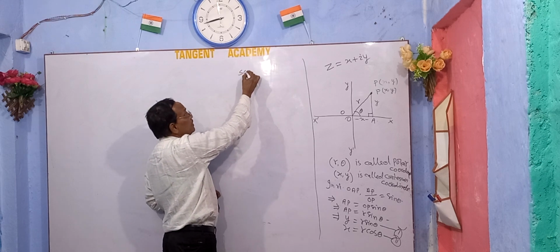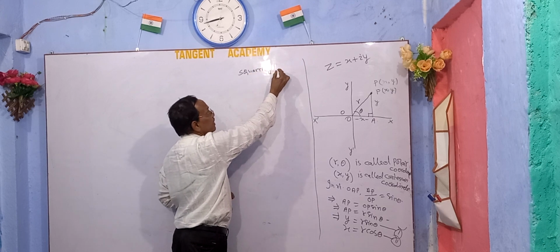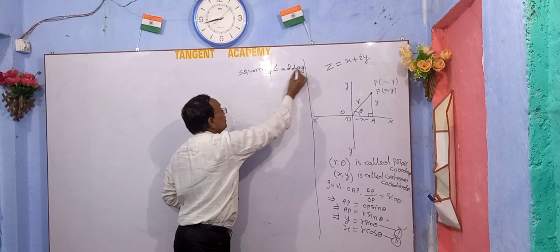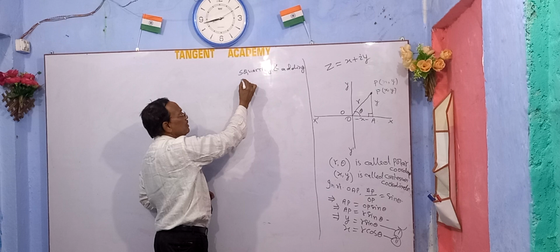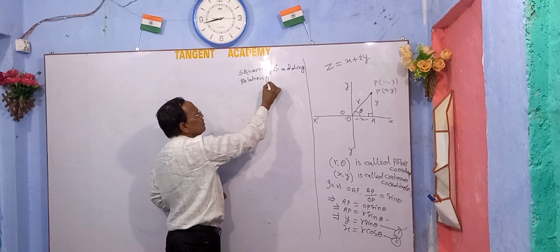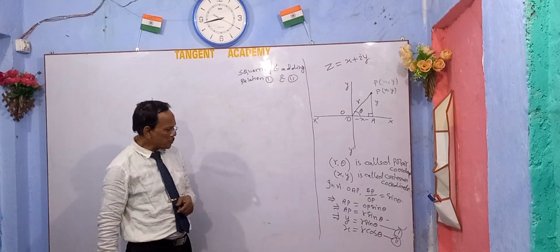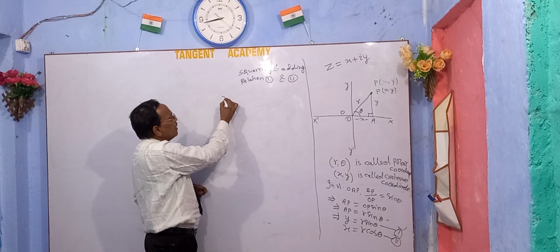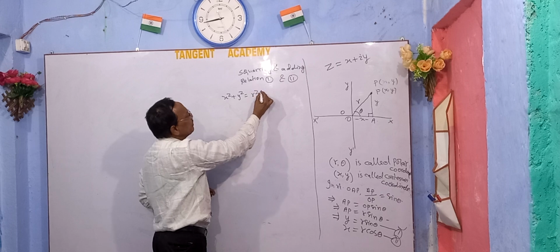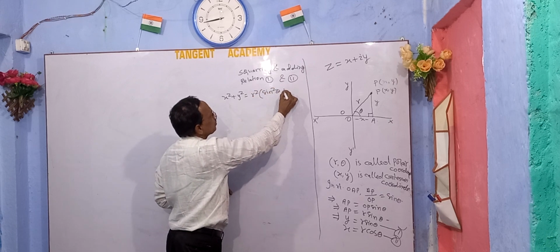Squaring and adding relations 1 and 2, we get x square plus y square is equal to r square into sin square theta plus cos square theta.